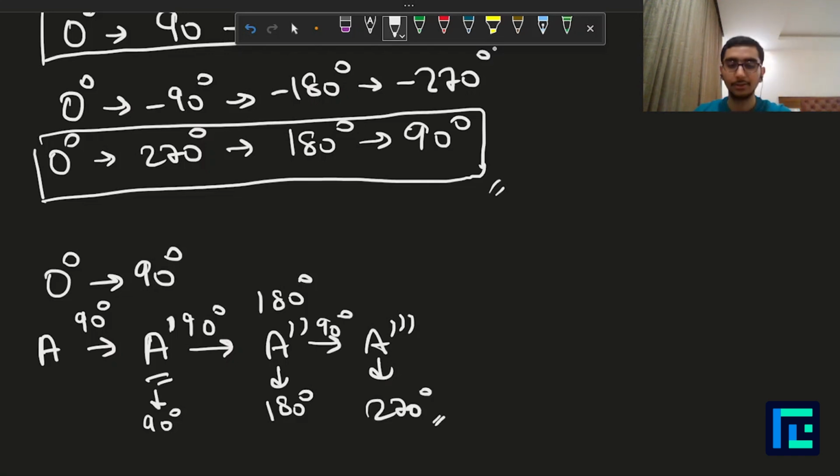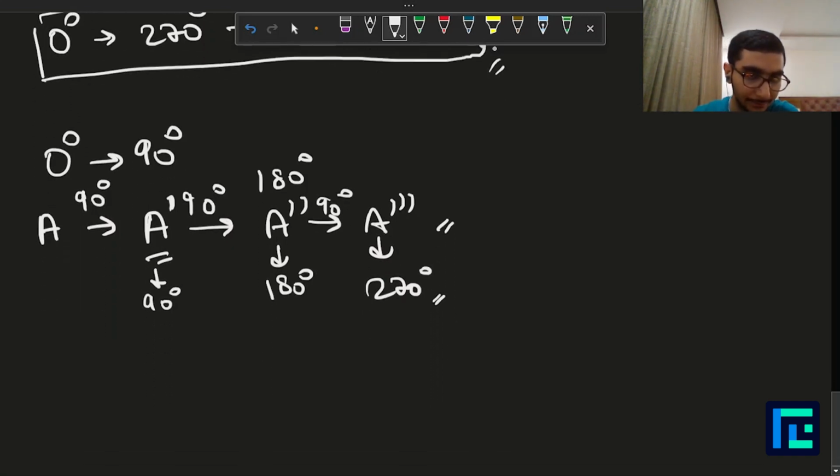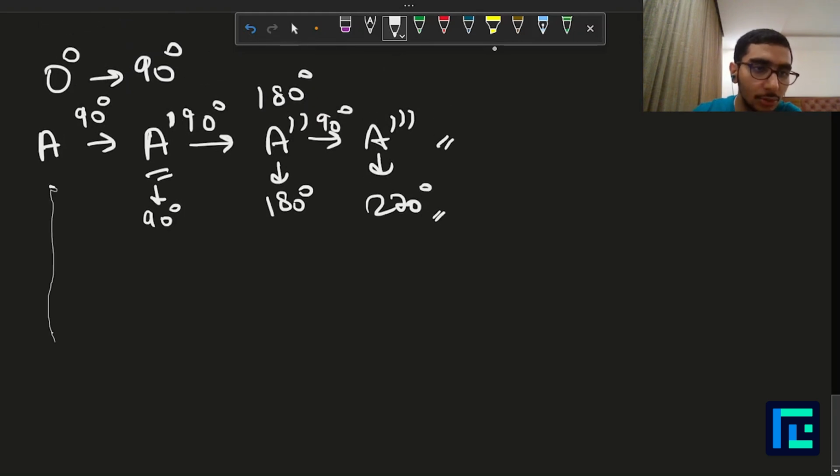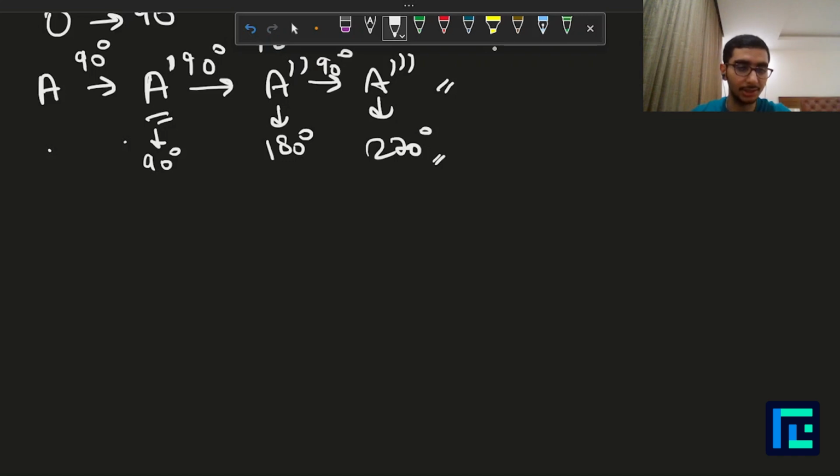So that means I don't need to write 3 separate functions for 3 different rotations. I can write one simple function and apply it again and again to get all my rotations. Now, let's try to calculate what that function would be. I just want to calculate the function from 0 to 90. If I get that 0 to 90 degrees change, I can apply it again and again to get all the changes.